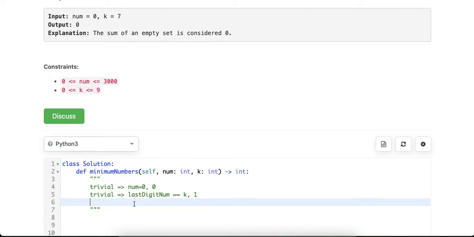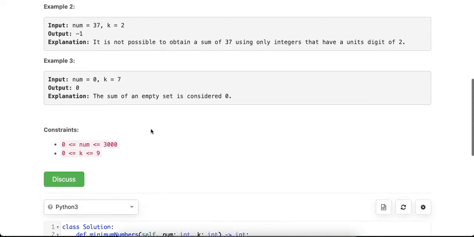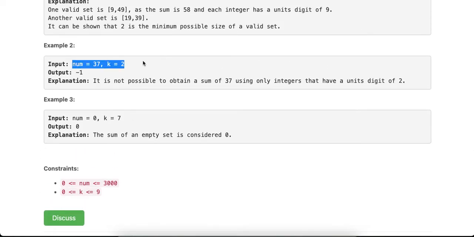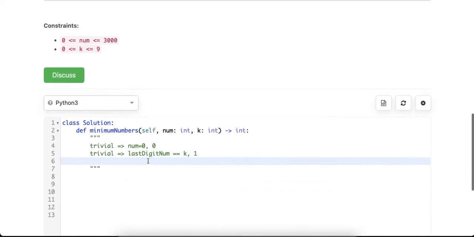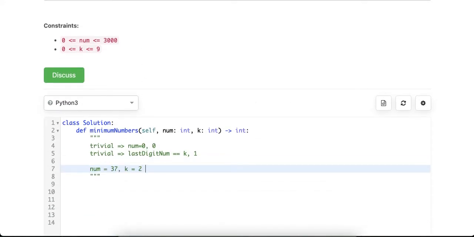Unless it is 0. And then another thing is, how do we know, for example, that num 37 and k 2 is actually impossible? If we notice the requirement that the last digit should always be k, it means that we can detect whether something is possible or not by comparing the last digit of the target sum with what is possible to become the last digit when we have a certain k.